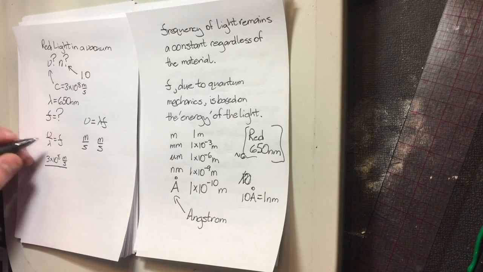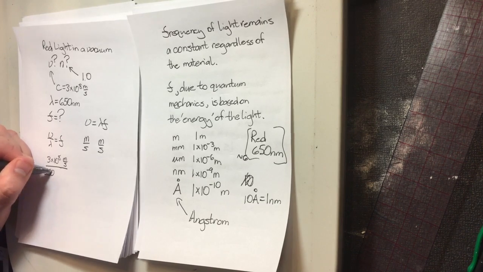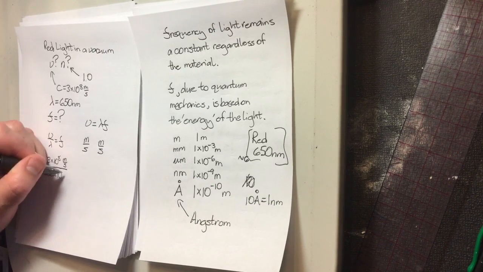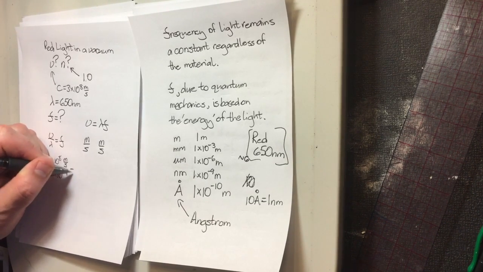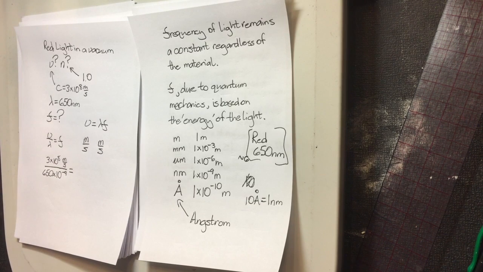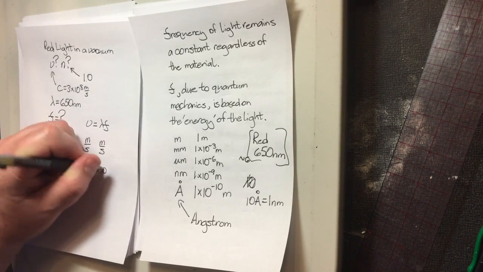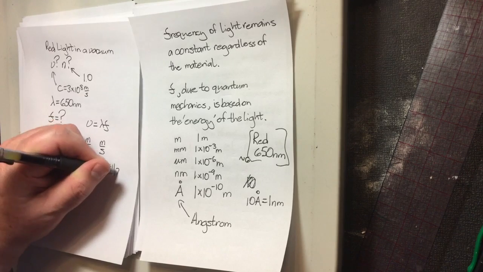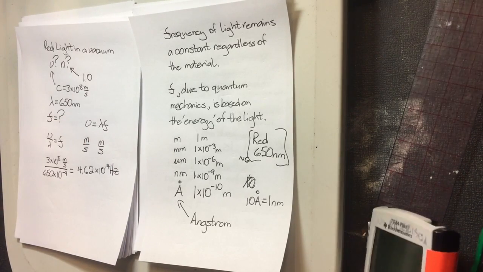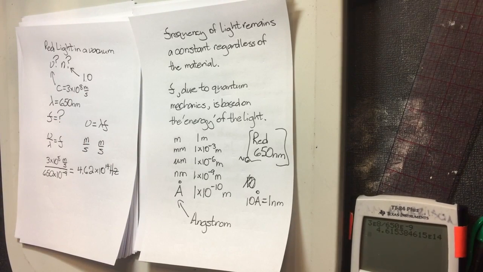Lambda is 650 nanometers, or 650 times 10 to the negative 9 meters, and that gives us a big number: 4.62 times 10 to the 14 hertz. And that's the frequency of red light. Yes?